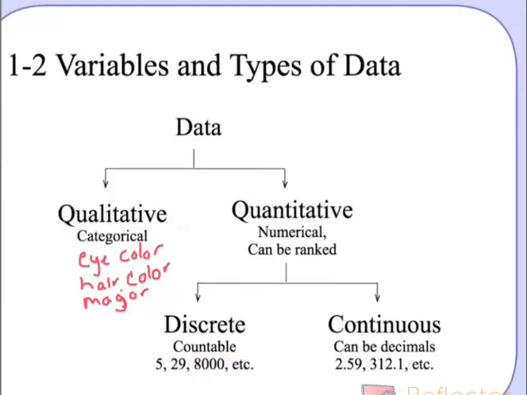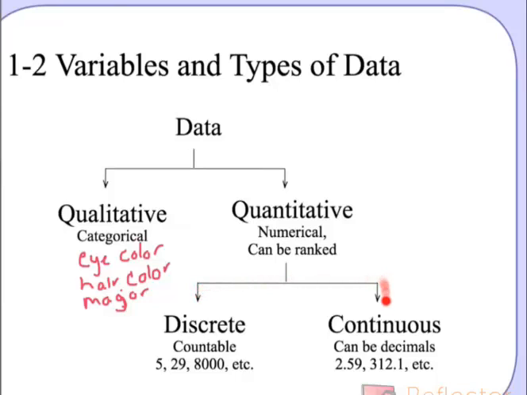What I mean by countable is it's whole numbers. How many books do you have in your backpack? You have a set number, 1, 2, 3, 4 books in your backpack. You don't have half a book in your backpack. How many pens do you have in your backpack? You have a set number of pens in your backpack. You don't have that partial amount.